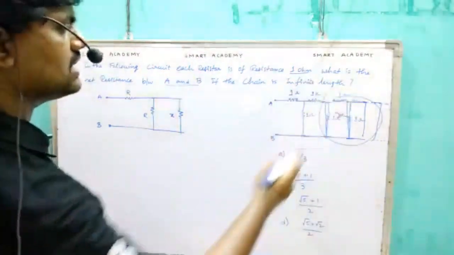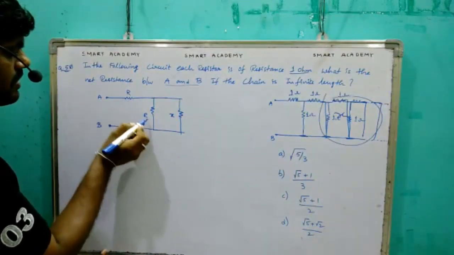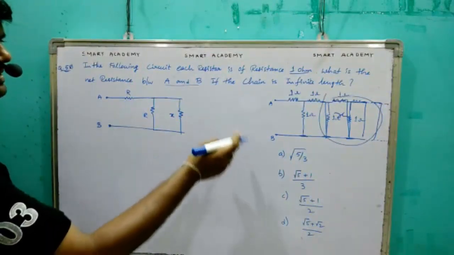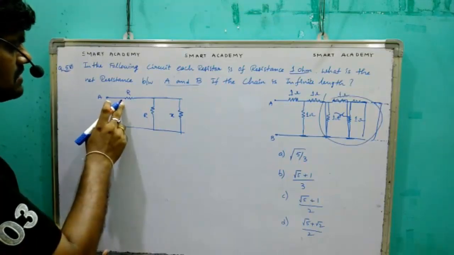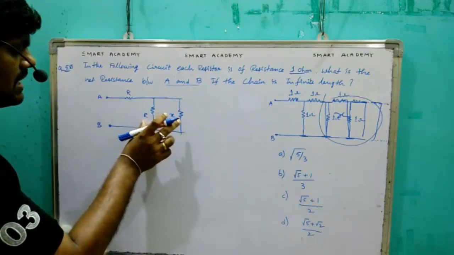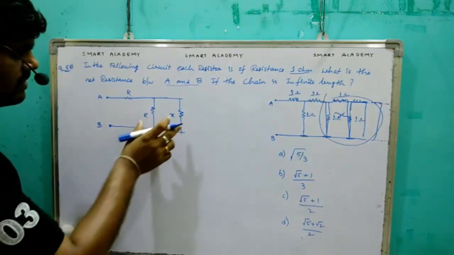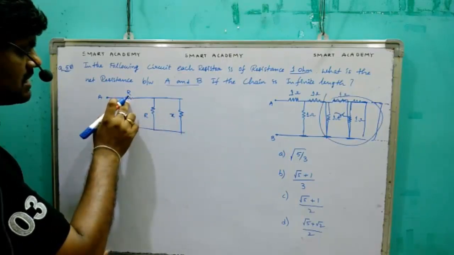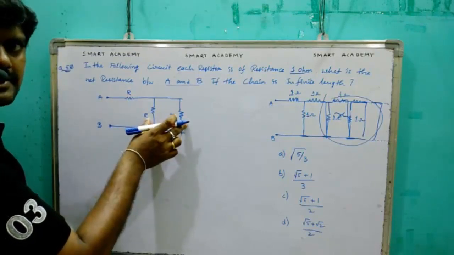Now we apply the series and parallel combination. Here R and X are parallel to each other, and this R is in series with these two parallel resistances.